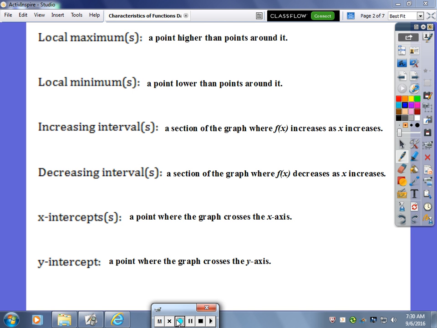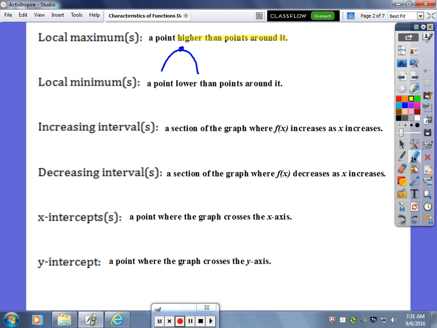In order to be able to determine increasing and decreasing intervals, we need to first understand the concepts of local maximum and local minimum. A local maximum is a point higher than points around it. In other words, we are talking about something that looks almost like the top of a hill, the point which is at the top of the hill, and to both sides the points next to it are lower.